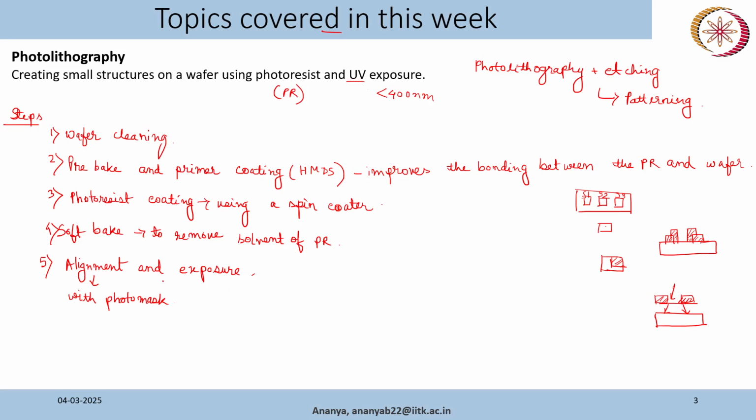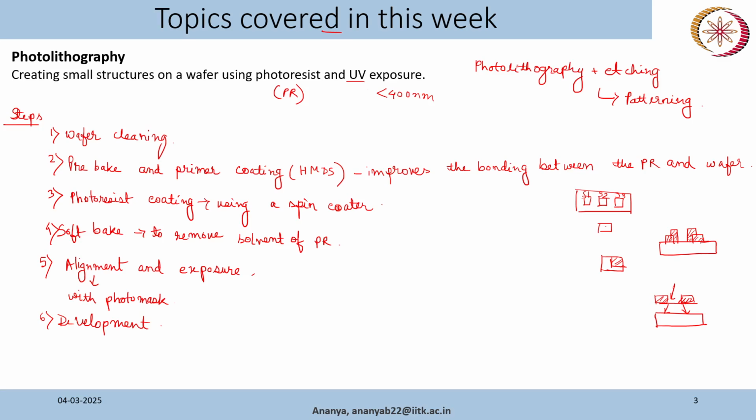After the alignment and exposure, you go for development. If it is a positive photoresist, the exposed portion will get developed. That means those portions will dissolve in the developer solution.